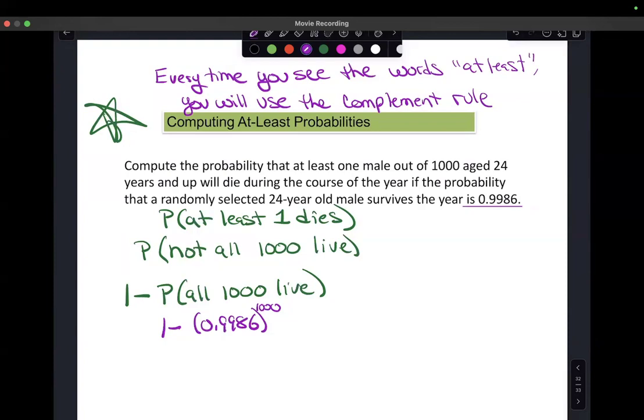Put that in your calculator. Okay, so I got 0.7536. So out of 1,000 people, there's a 75% chance at least one of them will die.